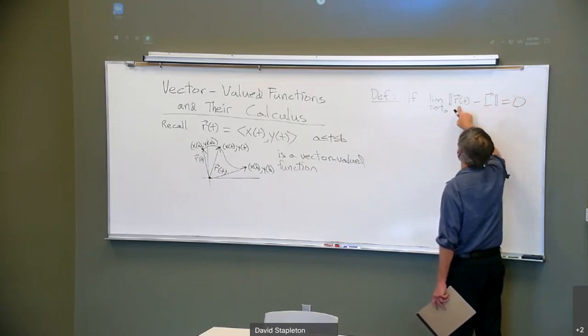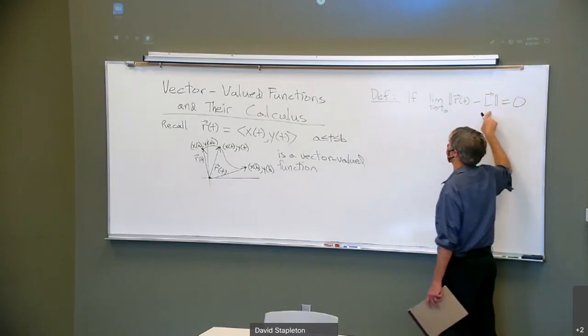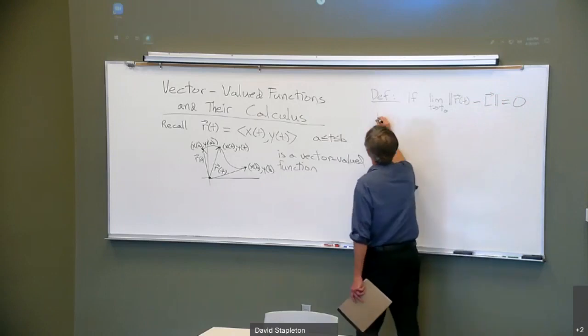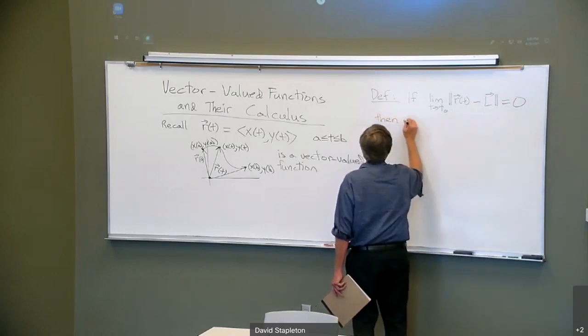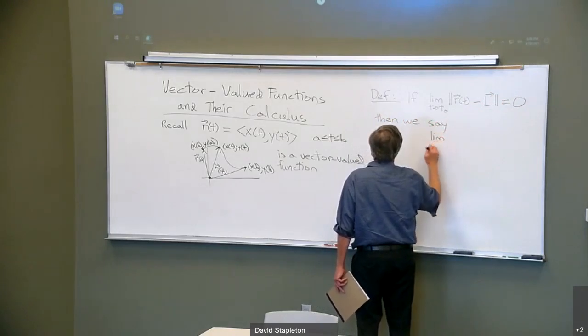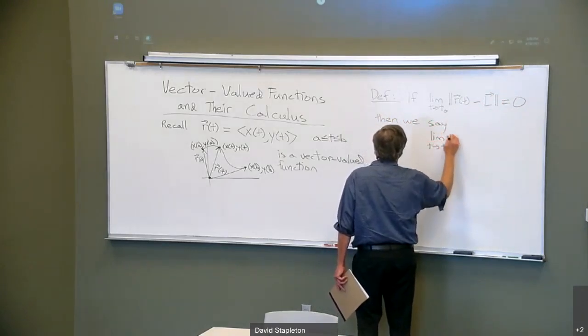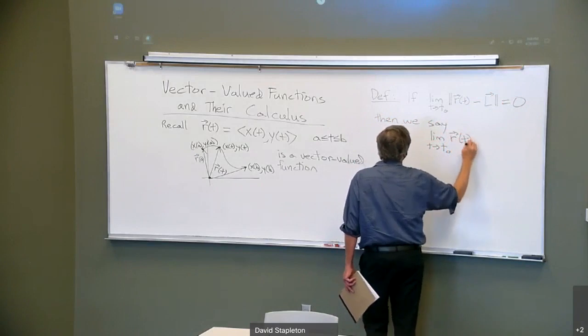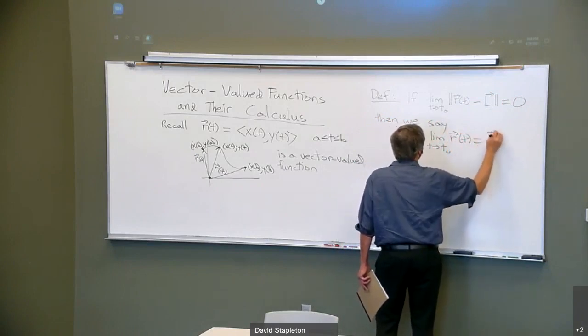So the difference between r and L gets smaller and smaller going to 0. Then we say that the limit as t approaches t0 of the vector value function is the vector L.